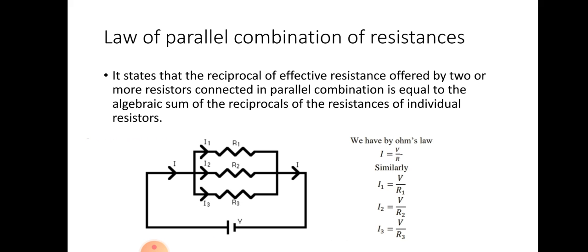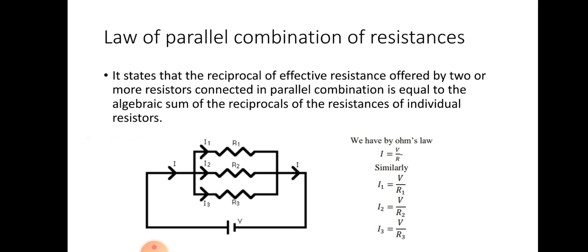V is equal to IR, but here the current is getting distributed whereas the voltage or the potential difference is the same. So we will find the distribution of this current across each resistor. Okay, so we will modify Ohm's law as I is equal to V upon R. So for the first resistor, whose value of resistance is R1, the current will be I1, which is equal to V upon R1.